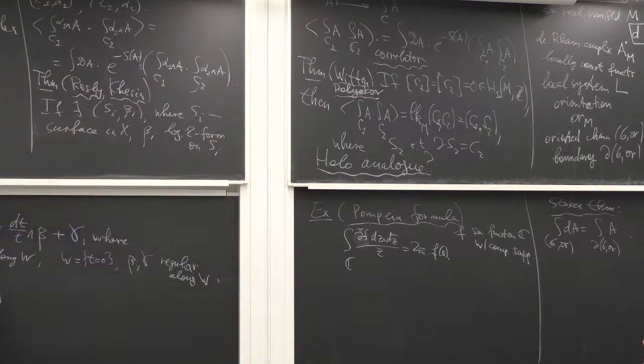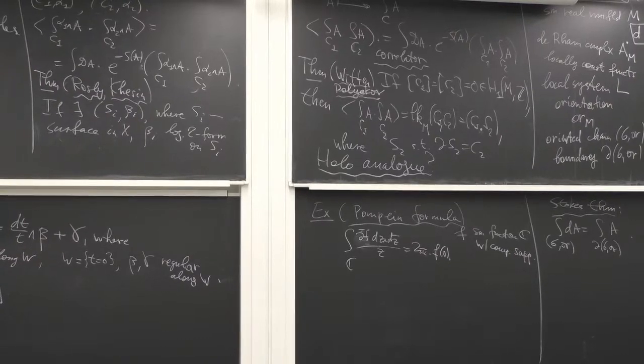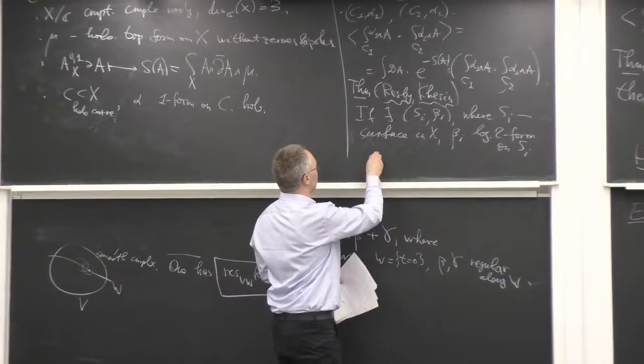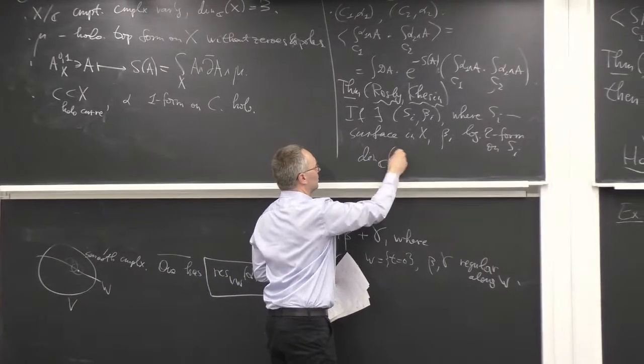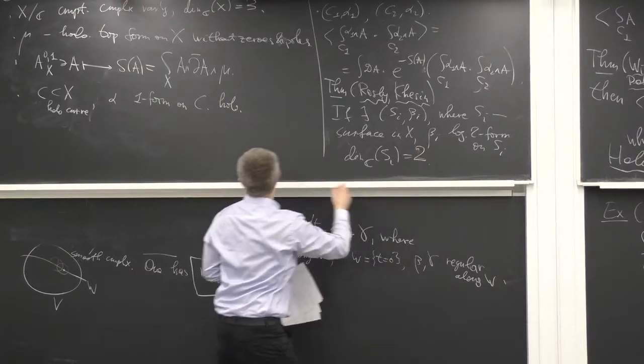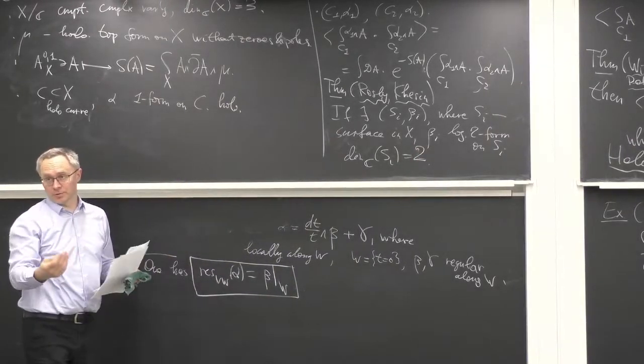Can I continue here? What do you mean by surface? Surface in the sense that the complex dimension is 2. Here, Ci were curves, so complex dimension 1.